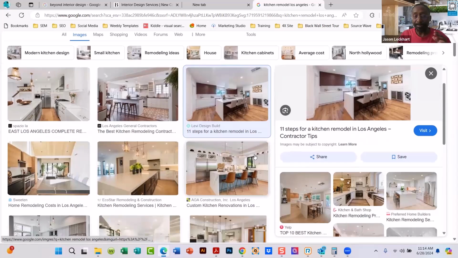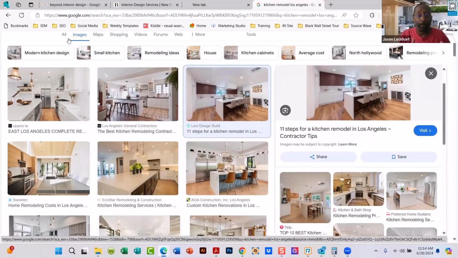So that's what I would do. If you are all right with naming the project name, like Brown Remodel, you want to do the hyphen and then the area where it is, whether it be San Diego, Madison, wherever it is, and then do another hyphen.